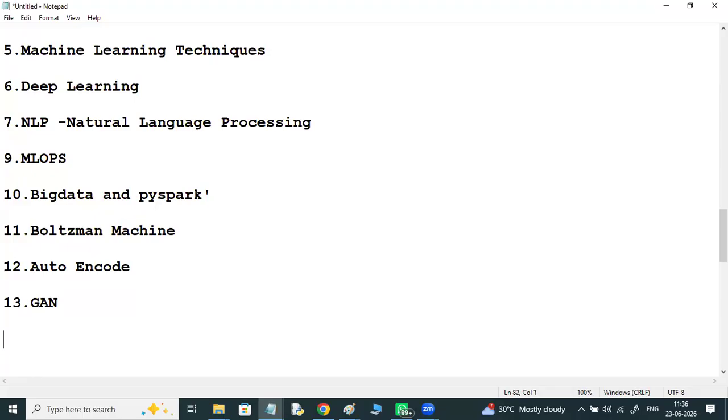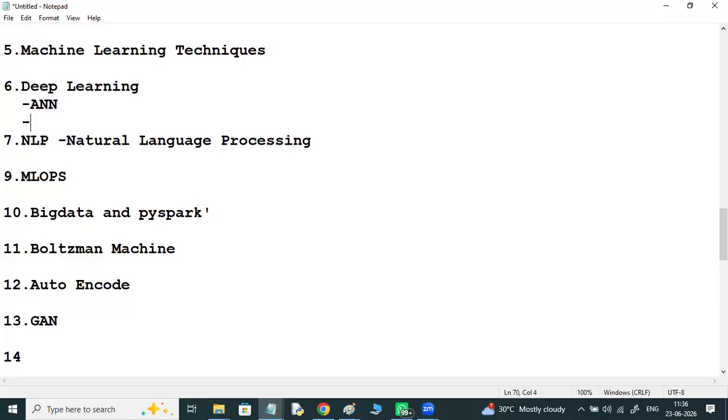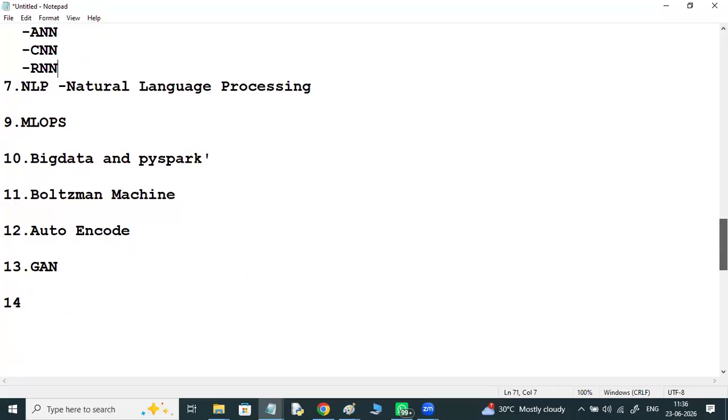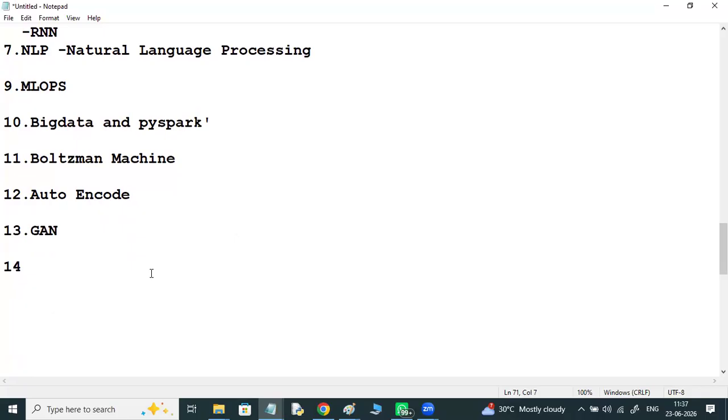And also we'll be discussing RNN, GRU, recurrent neural network, right? So in deep learning, we'll be discussing ANN, artificial neural network, convolutional neural network, and recurrent neural network, and GRU, a type of neural network especially designed to process sequential data.